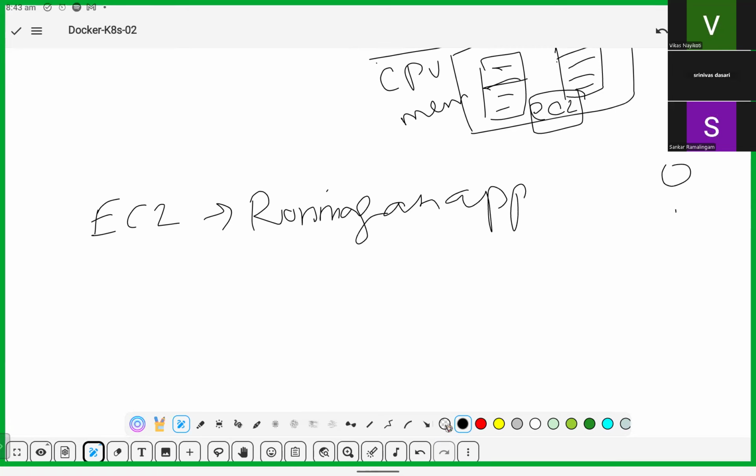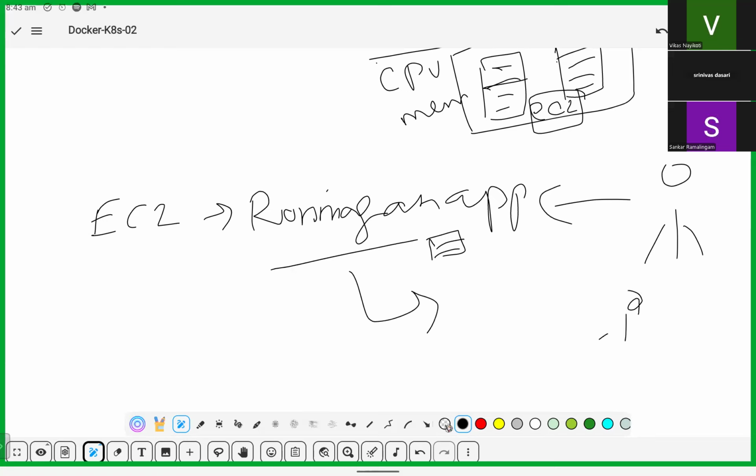Then only customers will be able to access your service and you can make money. You deploy some application, probably you sell some services or products, you promote something, you get customer access and you get paid for it. That is the whole and sole purpose of running an application, deploying an EC2, running a workload.